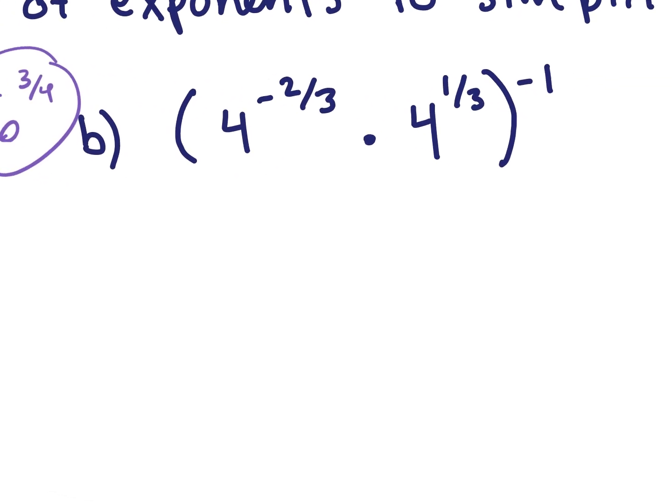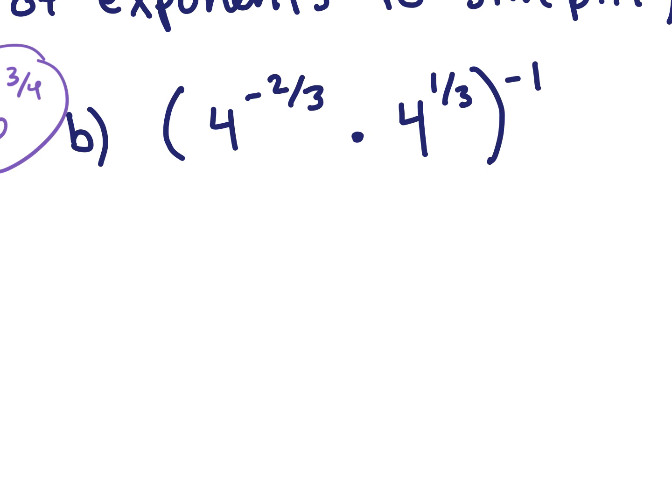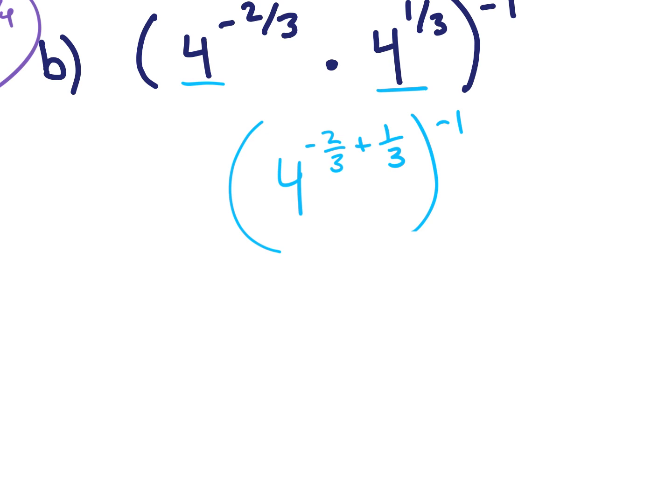Let's look at B. So inside we have the same base, so we can combine them together. When we're multiplying, how would we combine them? Add. So we have 4 to the power of negative 2 over 3 plus 1 over 3, to the power of negative 1. So let's add our exponents together first, then we'll worry about the negative 1.